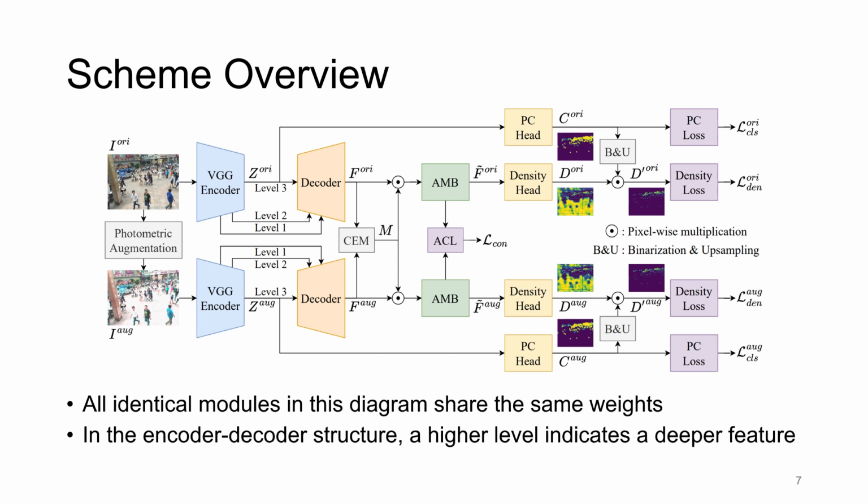Then they are fed into the AMB for reconstruction, and then go to the density head for density regression. And in another branch, the deepest level of feature from the VGG encoder goes to the PC head for patchwise classification prediction. And the entire process is supervised by a combination of density losses, patchwise classification losses, and ACL.